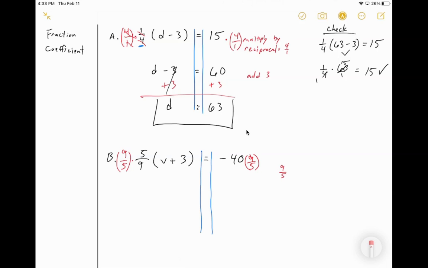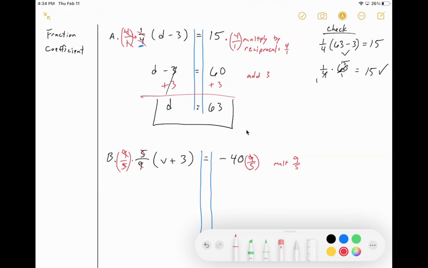Let me move this over here. Okay. All right, we see that the 9s cancel. We see the 5s cancel. So what am I left with? I'm left with v plus 3. And now remember, I've got a negative right here, so we've got to be careful.